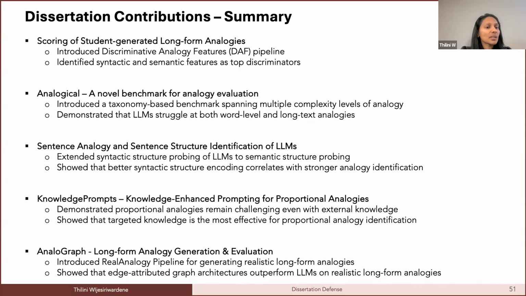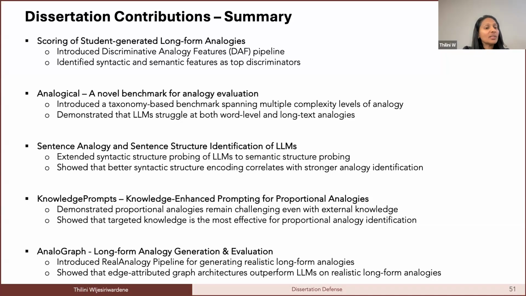Very quickly, I did work on scoring of student-generated long-form analogies, and we introduced a discriminative analogy feature pipeline, and we identified syntactic and semantic features as top discriminators. Then we move on to analogical, a novel benchmark for analogy evaluation. We introduced a taxonomy-based benchmark spanning multiple complexity levels, and we demonstrated that LLMs struggle at both the word level and the long text level.